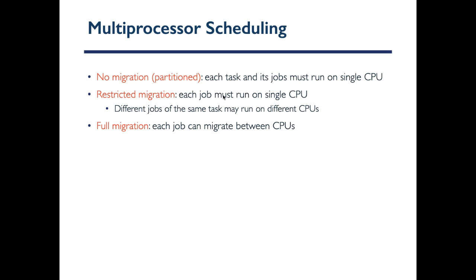Now you could say, instead of assigning the entire task and all of its jobs to a CPU, I want to assign each job to a CPU. So each job will be assigned to a CPU and cannot migrate. And if you want to go further, you could actually allow jobs also to migrate. And that gives you full migration.